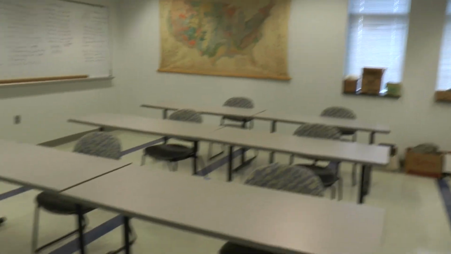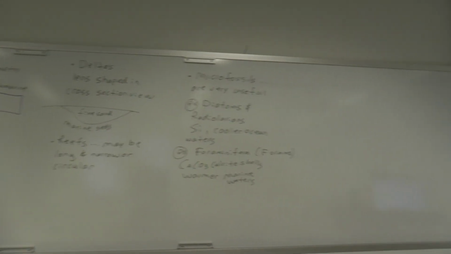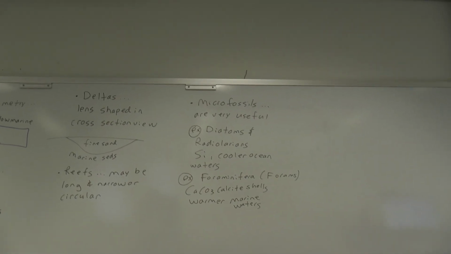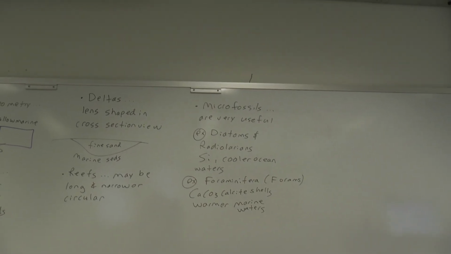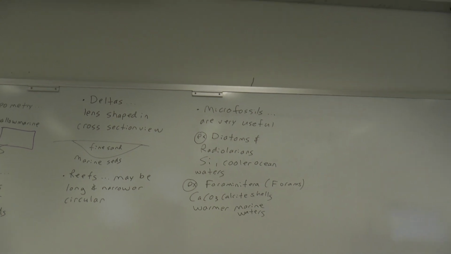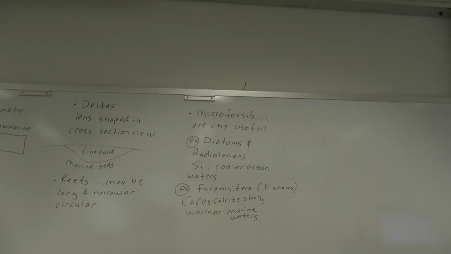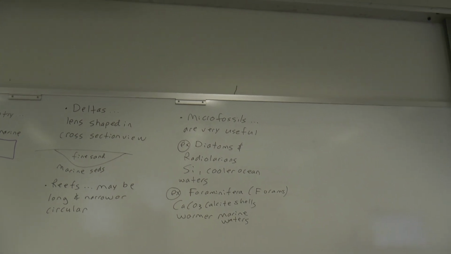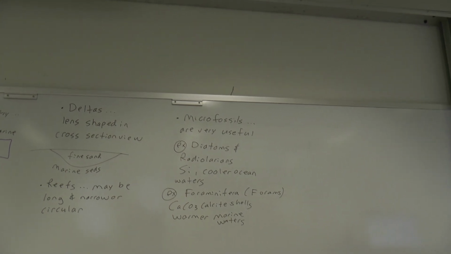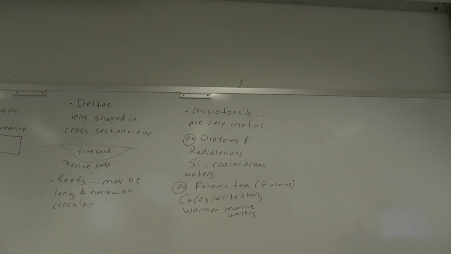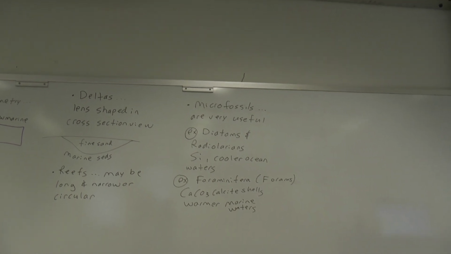All right, one last snippet here. I'm getting quite tired. Okay, just a little bit about microfossils. Microfossils are just as they sound. They are fossils, but you need a microscope to be able to see them. And while this can give you a headache, if you spend too much time looking down the barrel of a microscope, it's actually kind of fun. So microfossils can be very useful.